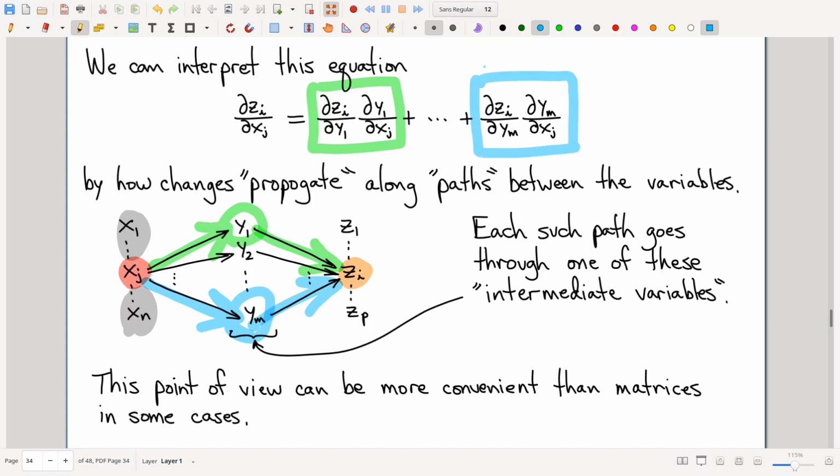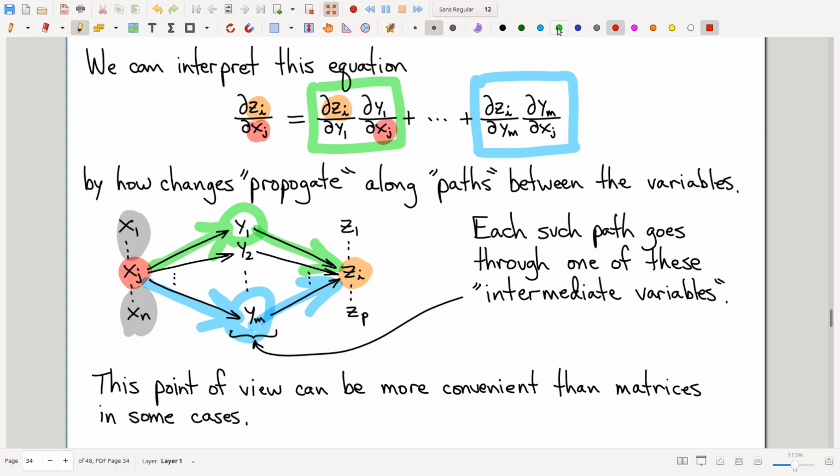So the beautiful thing about it is all you have to do is look at all these paths. Each path corresponds to exactly one intermediate variable. That intermediate variable tells you how to write down the corresponding term. Again, we were looking for the partial of zi with respect to xj. As previously noted, those go there and there.